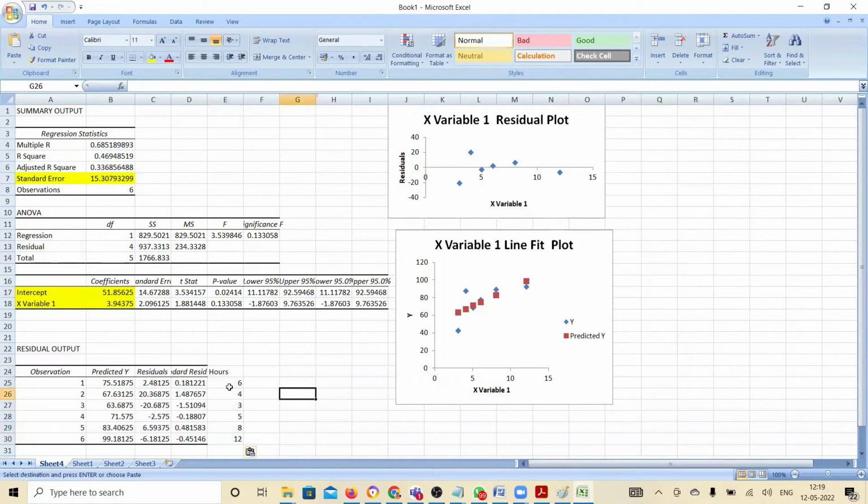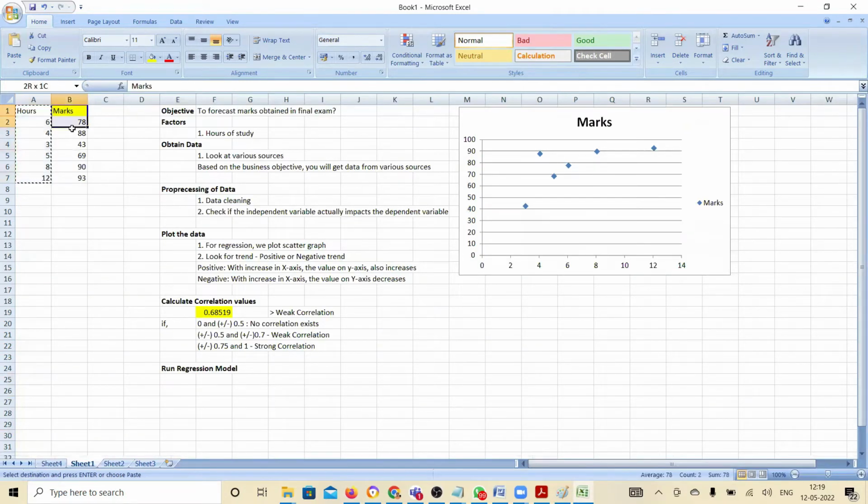So what it says is if you study for 6 hours, based on our model, we are predicting that you will get 75% marks. But actually what is happening is, how much are you getting? You're getting 78, isn't it? Yes.